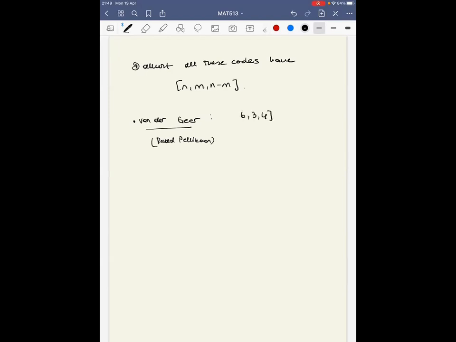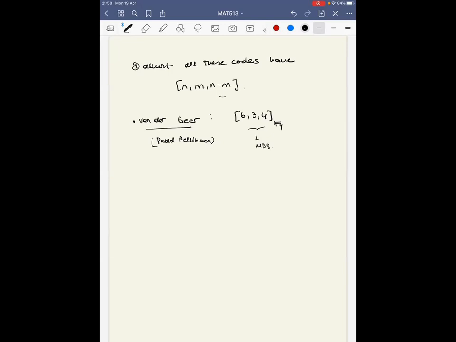Indeed, they gave an example of a linear code of length 6, dimension 3, and minimum distance 4 over the finite field F4, obtained from the elliptic function field or the elliptic curve, and indeed this is an MDS code. So it doesn't satisfy these parameters.